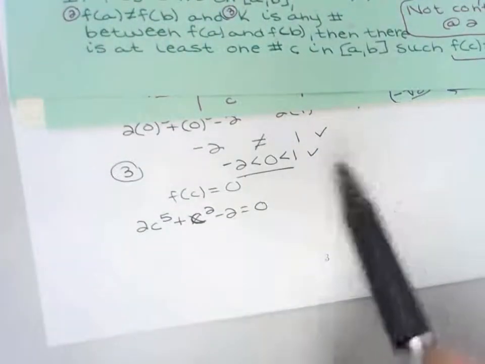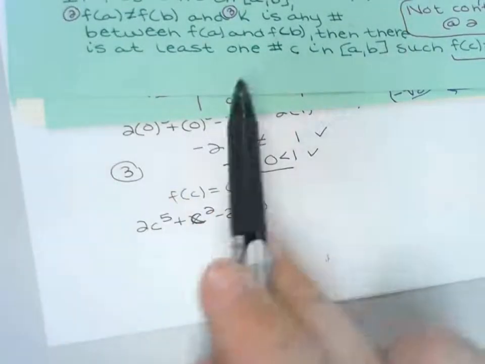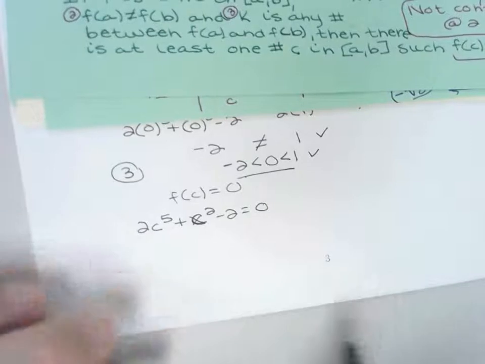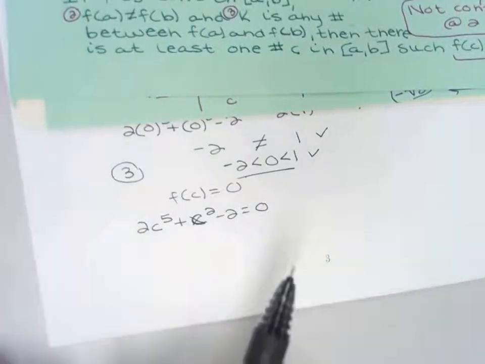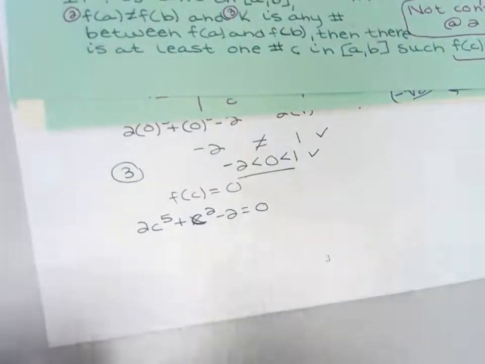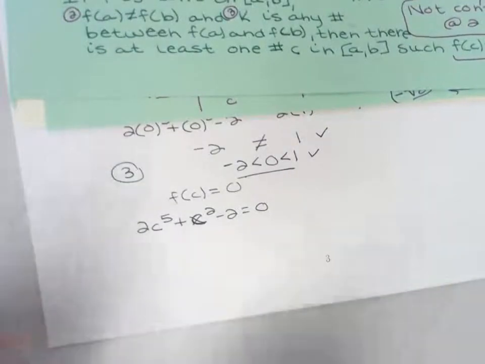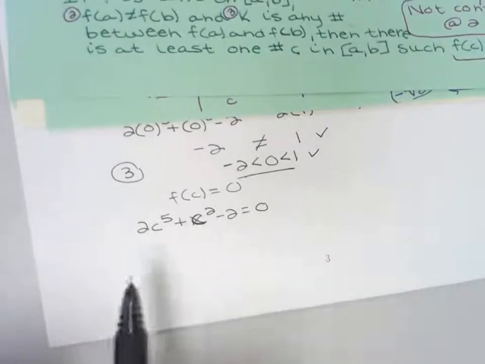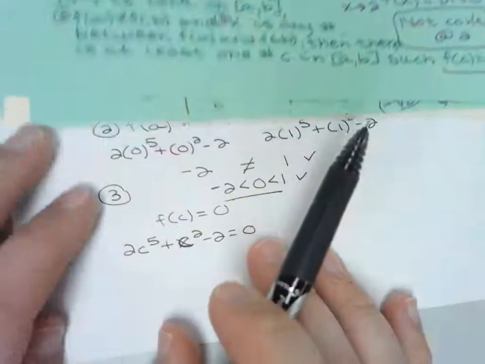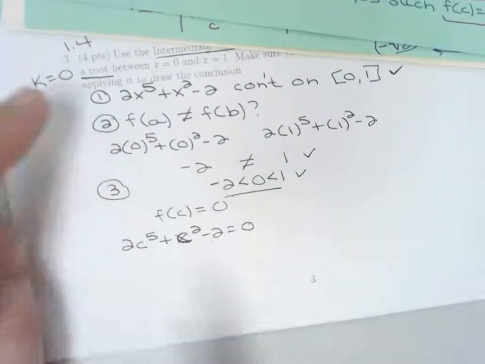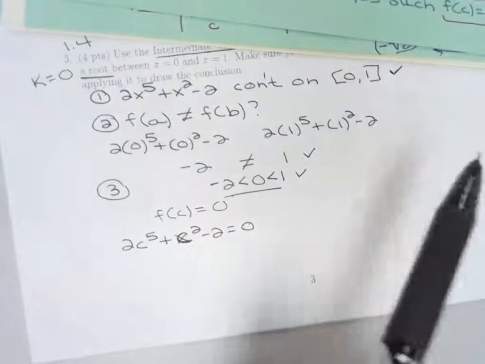We don't need to know what that c value is, but according to the theorem, there is one number c such that this equals 0. So that's showing that a root exists. It doesn't ask for c, which is good because we would have to do q over p and the rational root theorem. It just says to prove that there's one that exists. And that's just showing all three of these are true.